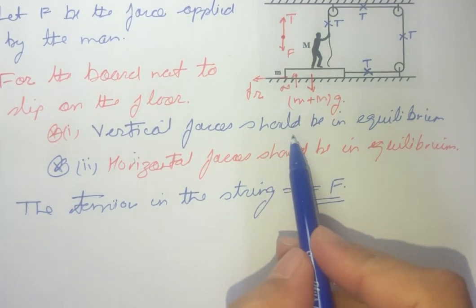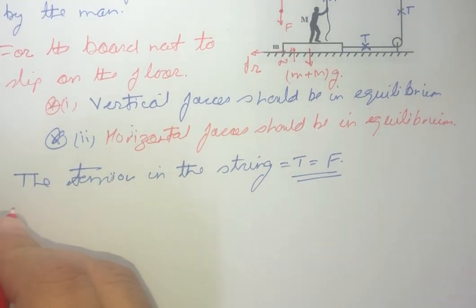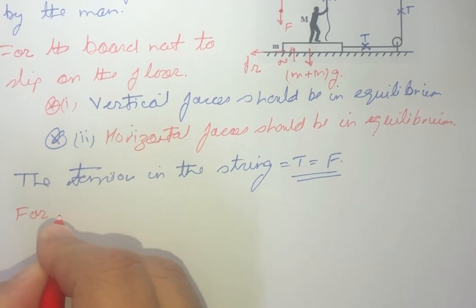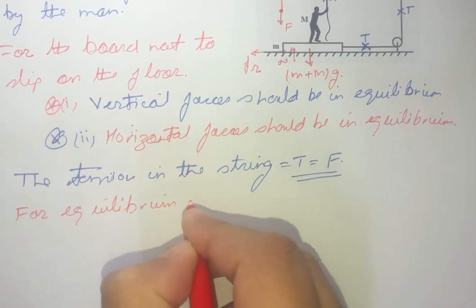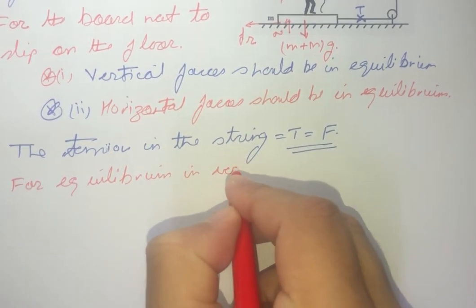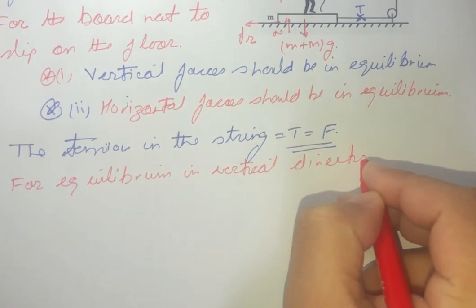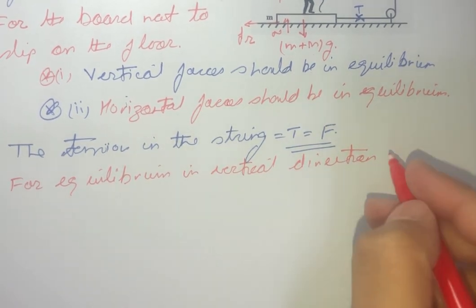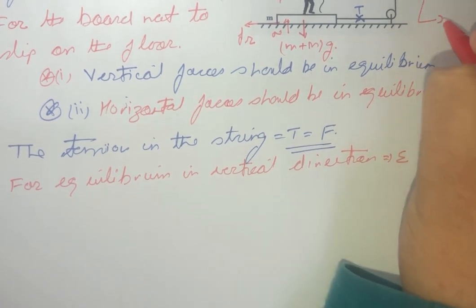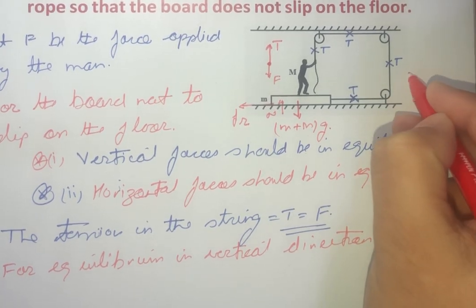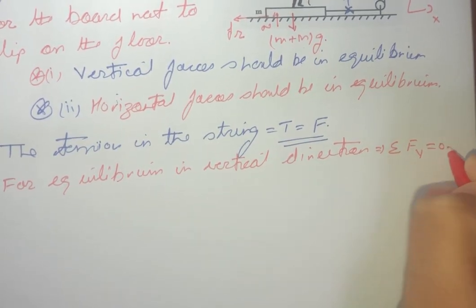So for equilibrium in the vertical direction, let us call this the x direction and this the y. The summation of forces in y should be equal to 0.